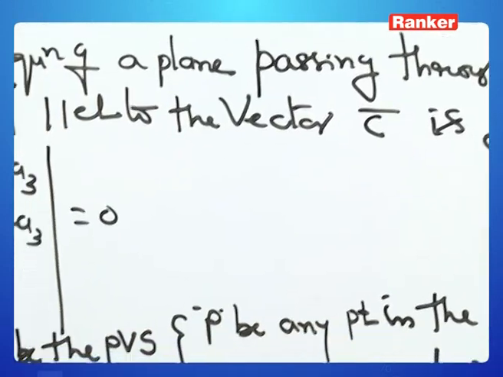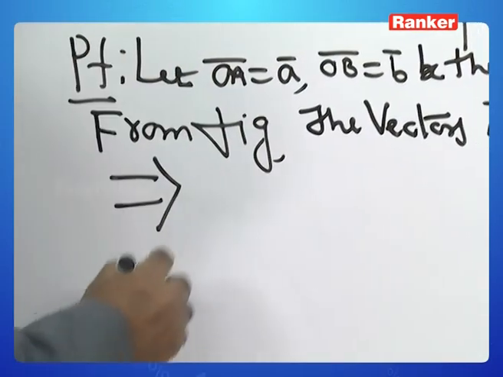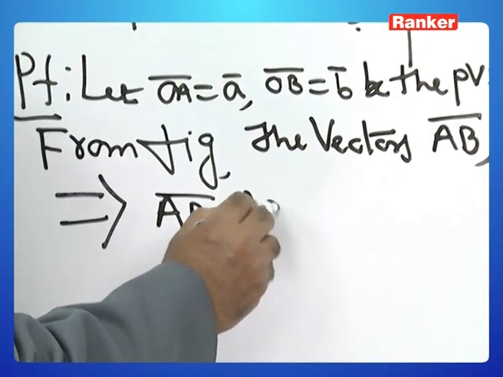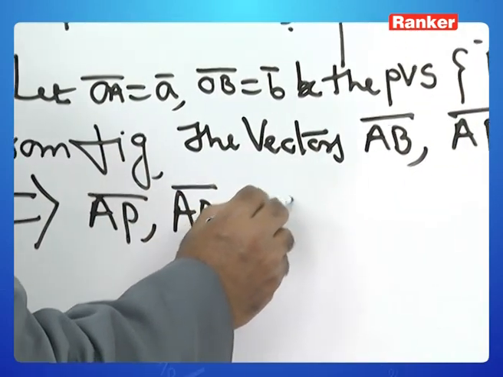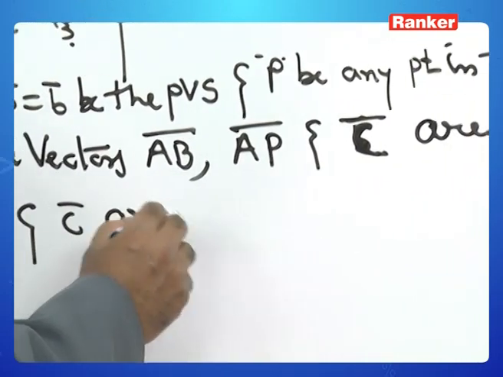So from the figure, AP bar, AB bar and C bar are lying in the same plane, which implies they are coplanar.